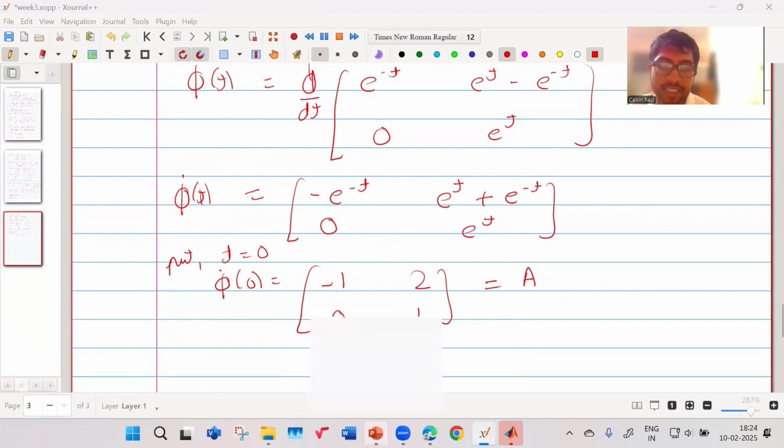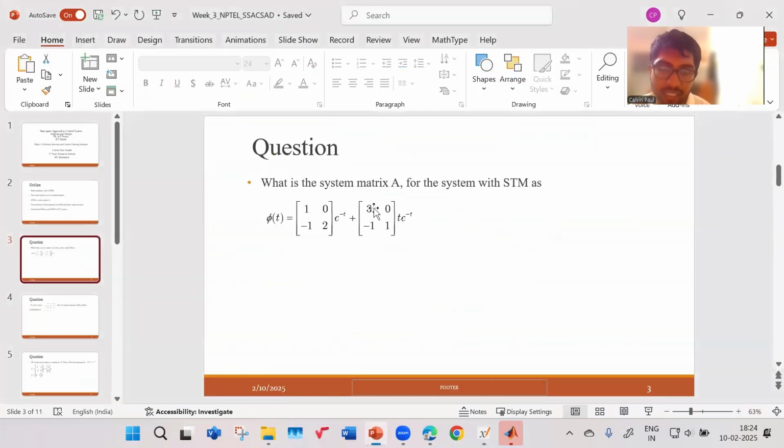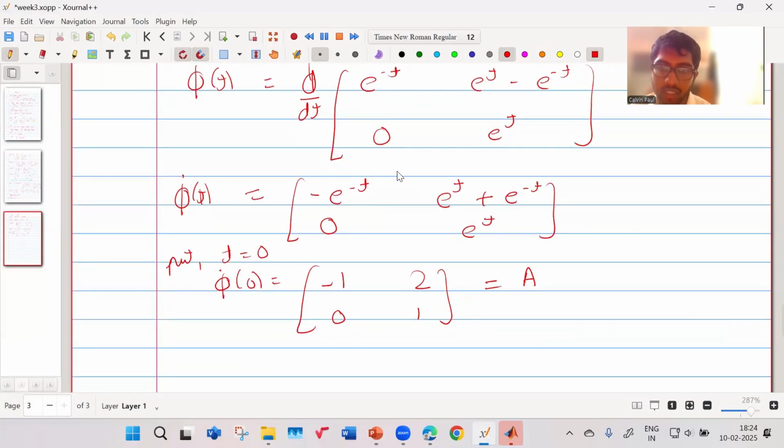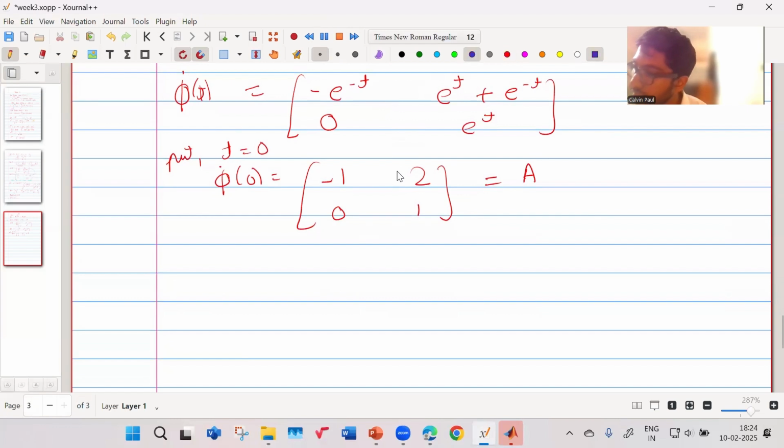Now let us consider one sum. They're asking what is the system matrix A for the system with the state transition matrix given as this. We have just solved something similar. So this is question 1.